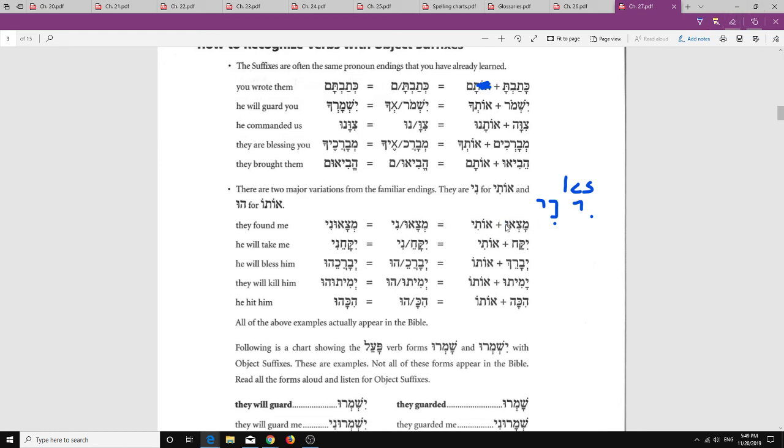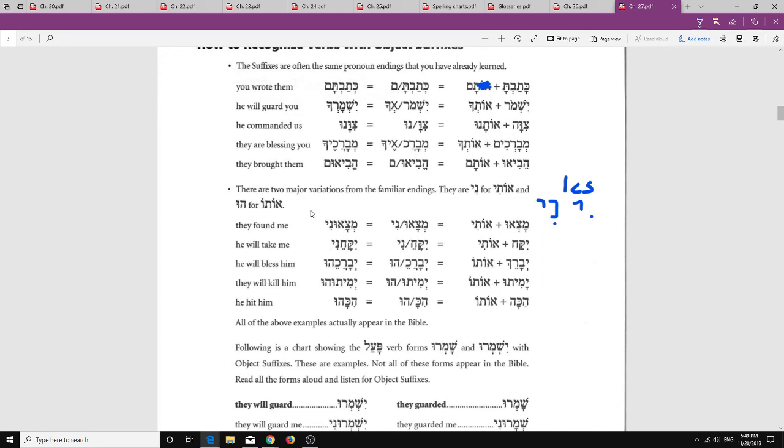You can't put a hirik underneath a shurik, right? And so to be able to add the hirik yod at all, another letter was needed, and for whatever reason they chose noon here. So then it becomes matsuni. It just helps them articulate both separate sounds at the end of the word. So matsuni would be "they found me."